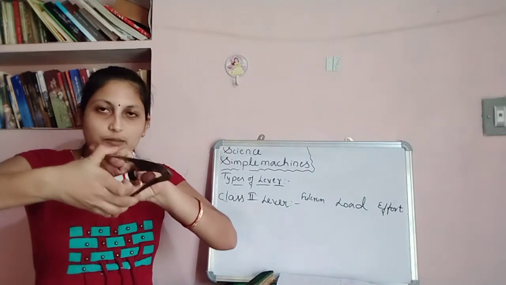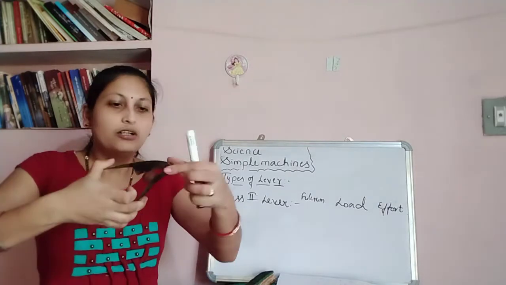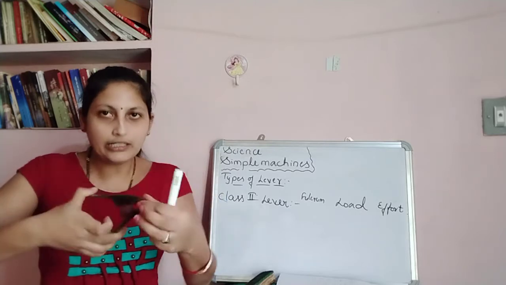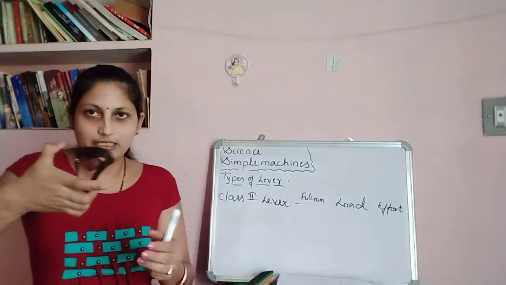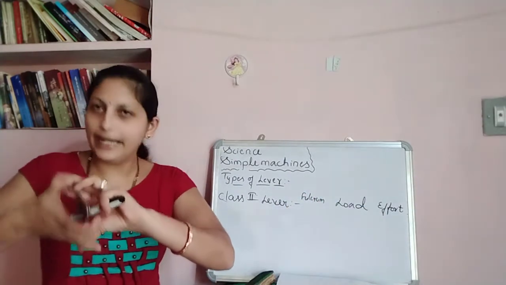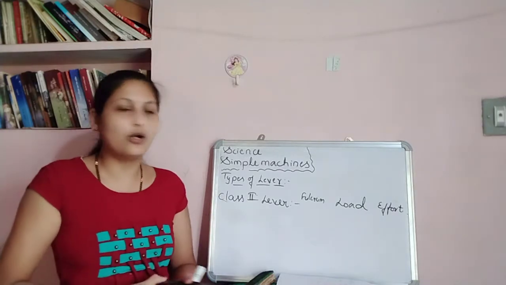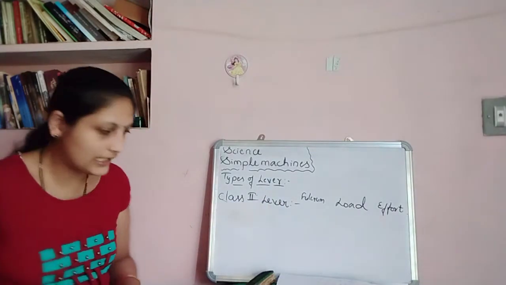Clear? So one end we are going to apply force, another end will be the fulcrum, and load is at the center. So you can see load is at the center, fulcrum is at one end, effort is at the another end. So such type of lever are called class 2 lever. So example, this one, nutcracker.